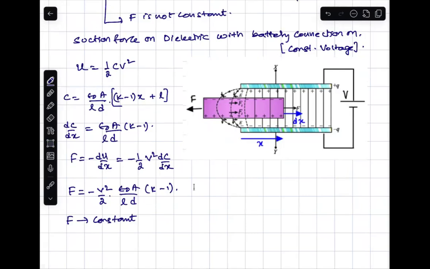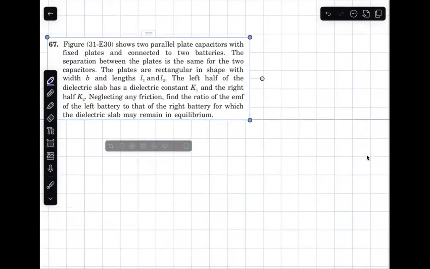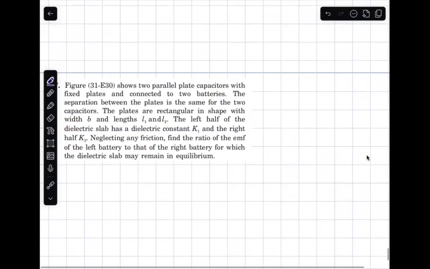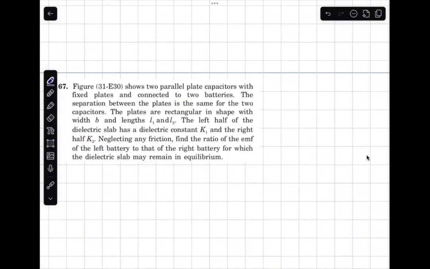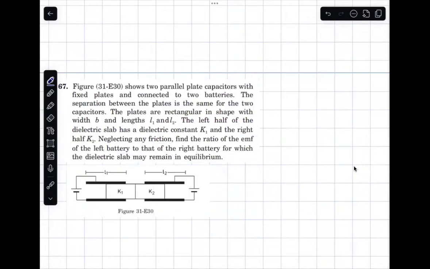Very famous question. This is question number... Please, can you try this?